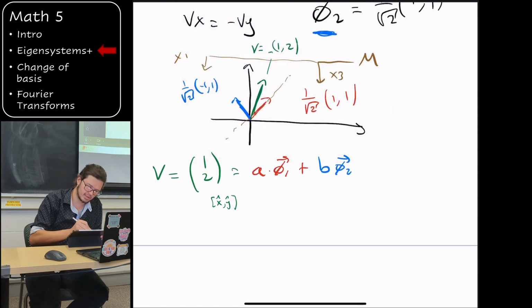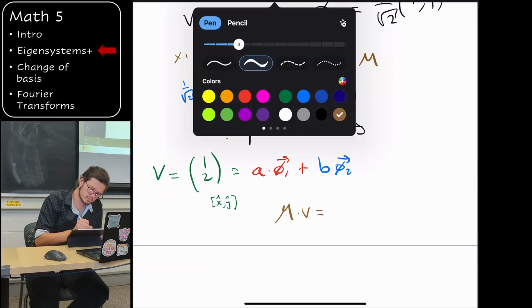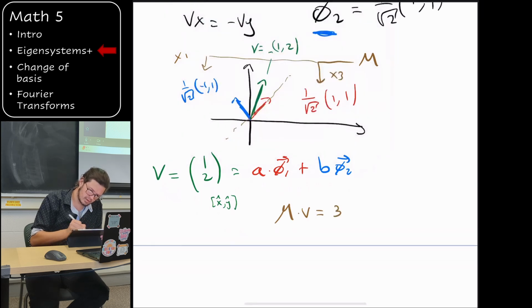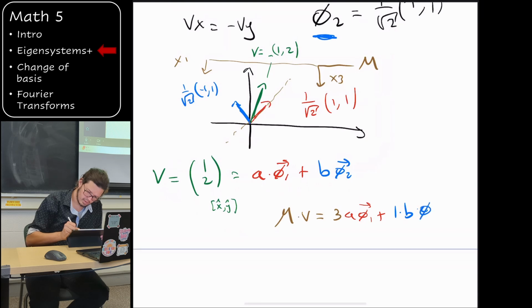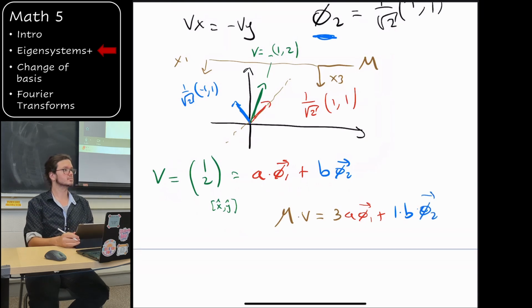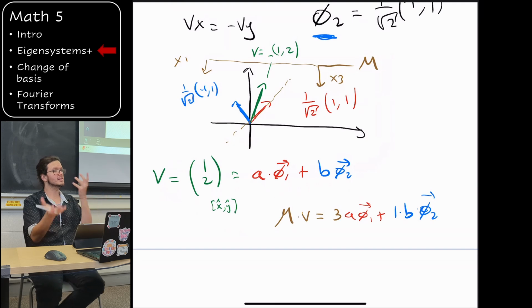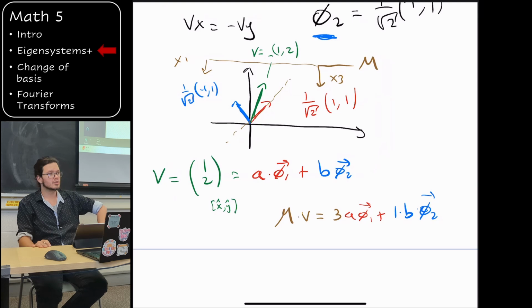Whenever I grab the matrix M, apply to the vector V, this is going to be equal to 3 times A times phi 1 plus 1 times B times phi 2. Because the matrix is going to act on the addition of these two friends, and phi 1 is just going to be stretched by 3, and phi 2 is just going to be stretched by nothing, by 1. Makes sense?